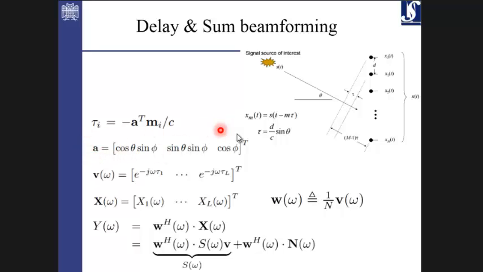And this A is just this radial form of representing the signal which is propagated. It's so simple. Just look at the figure, you can get it. Theta is the angle of the source, and phi... Theta is the azimuth, and phi here is called the elevation.